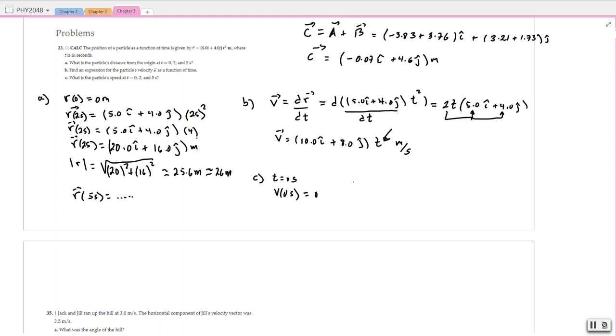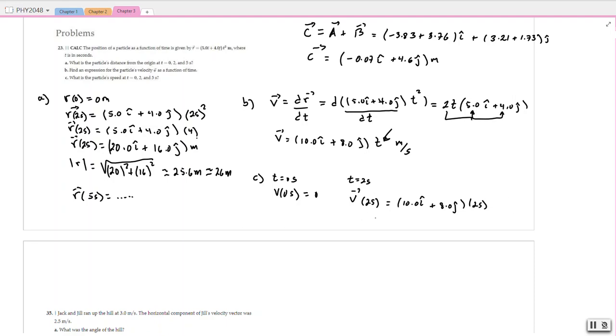In the second case, they ask you to evaluate when t is equal to 2 seconds, so you're going to say that v at 2 seconds is 10.0 i plus 8.0 j, right, times 2 seconds, right?